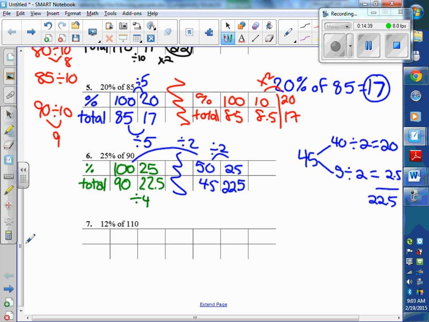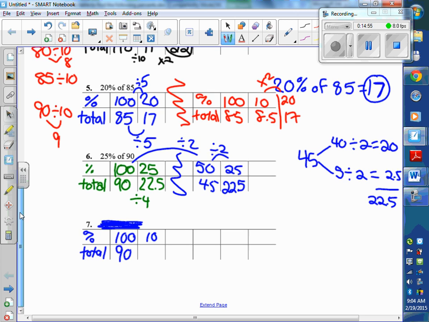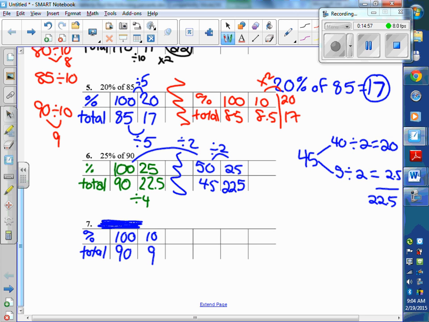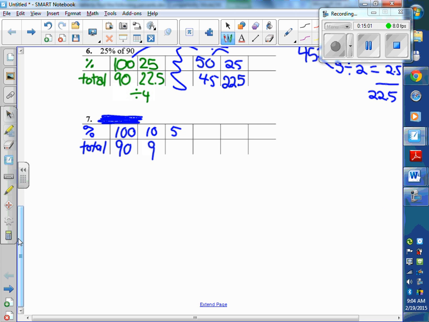Could you have gone to 10? Yeah. So let's pretend it's the same problem here. And Catherine, what would be 10% of 90? 9. What's 5% of 90? Yeah.